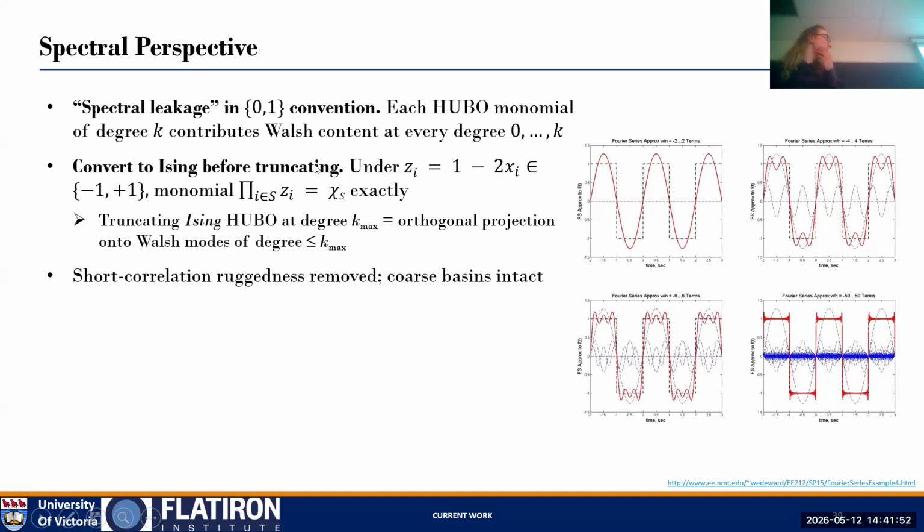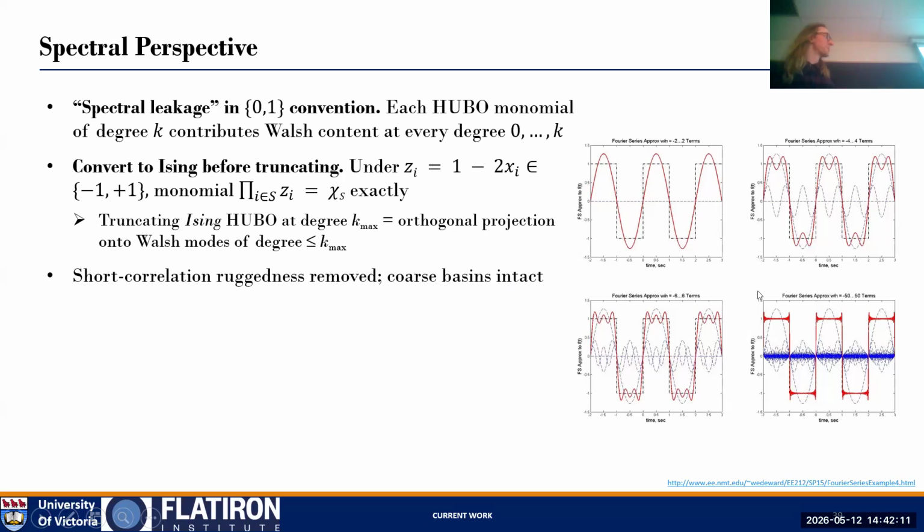So we convert to Ising before truncating, and then after truncation, this involves an orthogonal projection onto Walsh modes of degree less than our truncation degree. And ideally, short correlation ruggedness is removed and coarse Bayesians are left intact.